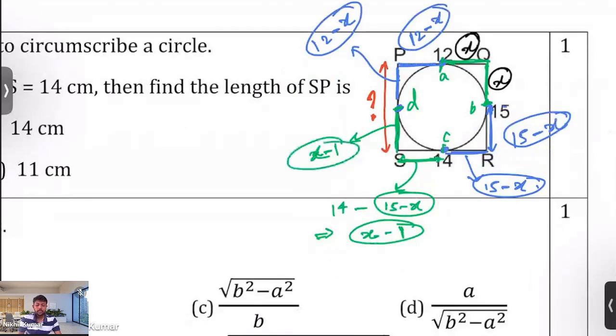So we have the length of PS now. How? We just add the values PD and DS. So that's what we had to find out.